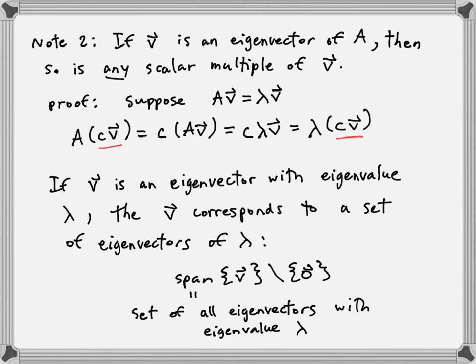Okay. So let's do an example where we show that something is an eigenvector with a particular eigenvalue. Let A be the following matrix: -2, 6, 5, -1.